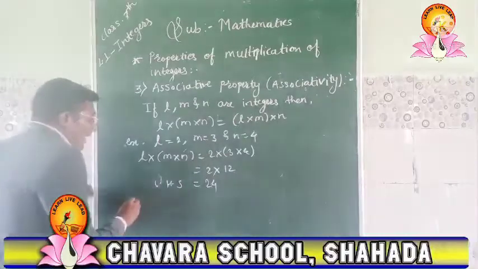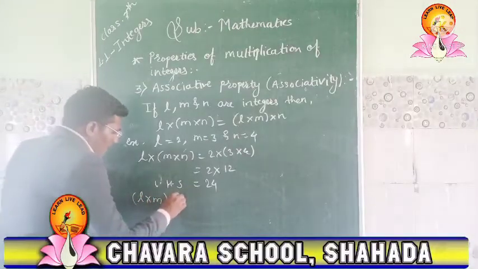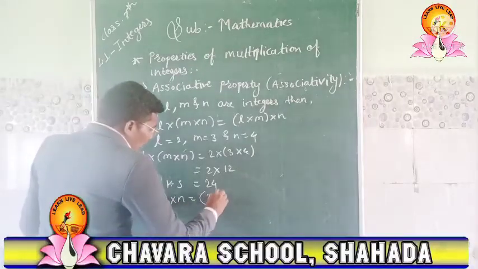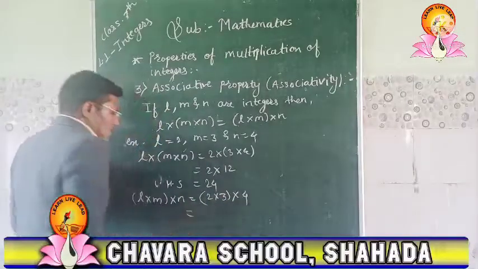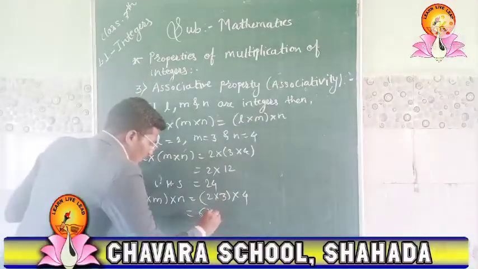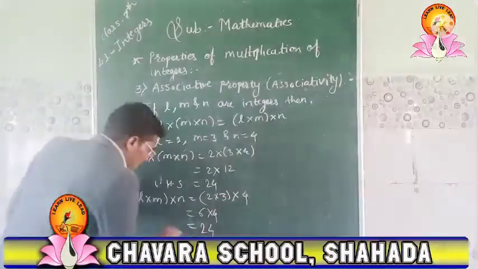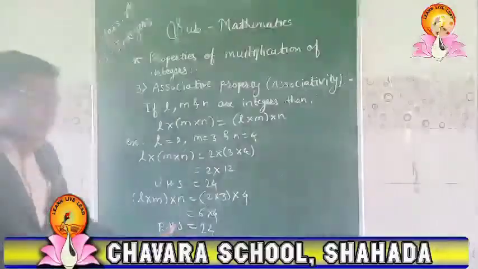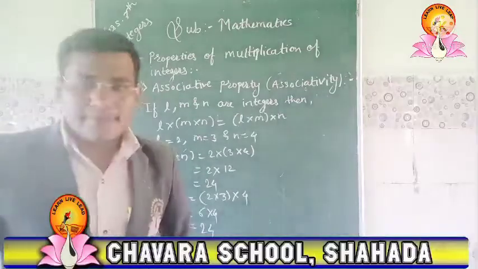Now we will solve the RHS, which is L into M multiplied by N. Putting the values, 2 multiplied by 3 is 6, multiplied by 4, it is equal to 24. The RHS is equal to the LHS of the property, and hence we prove the property.